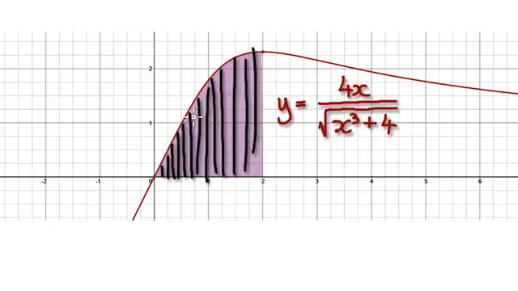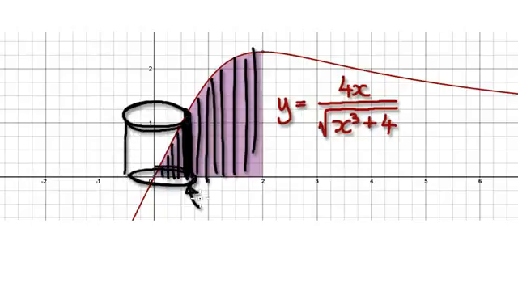Looking at one particular cylinder, the thickness associated with this cylinder here, remember, this is going to be 360 along the y-axis. So the thickness here will be dx.